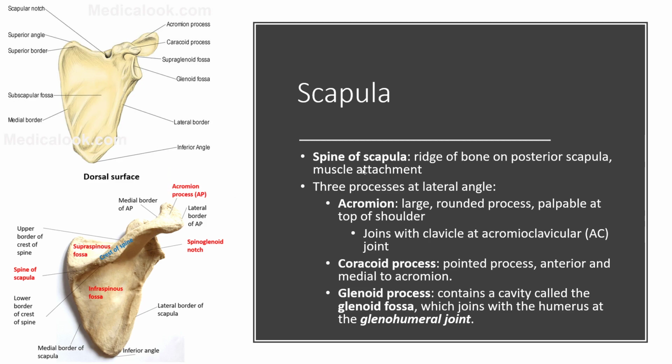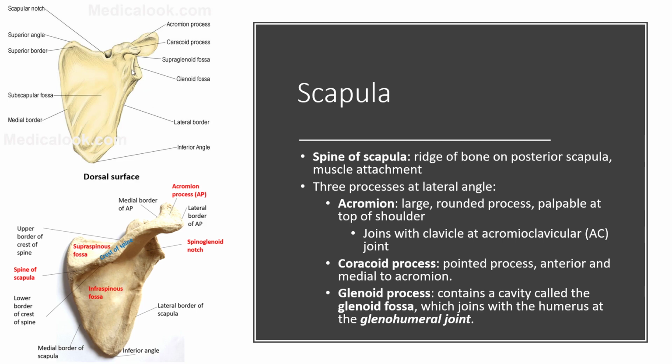Now we're looking posterior. On the posterior view, you'll see something called the spine of the scapula. It's a ridge of bone on the posterior scapula where muscles attach. And then we have three processes at the lateral angle. We use all of them for x-ray. We have the coracoid, which is where we position for a shoulder x-ray.